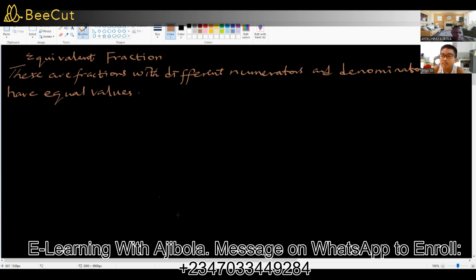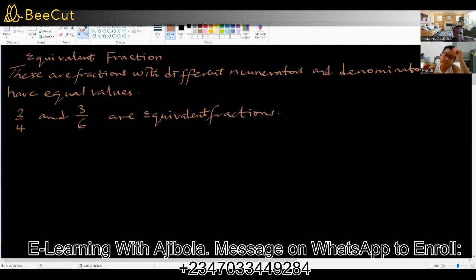Now, let us look at an example. 2 over 4 and 3 over 6 are equivalent fractions. Why are they equivalent fractions?